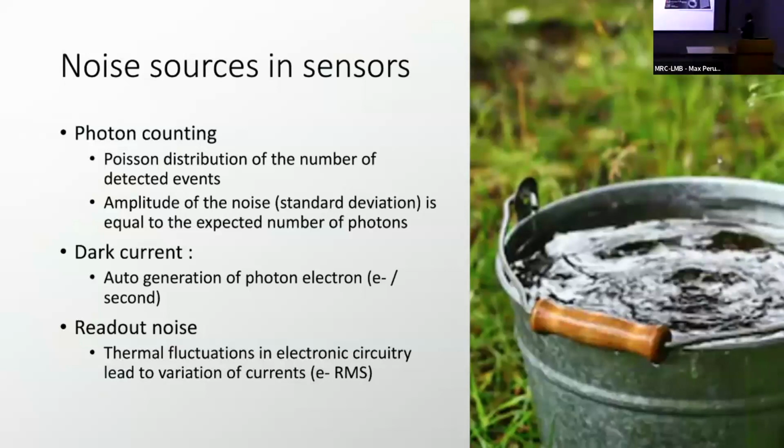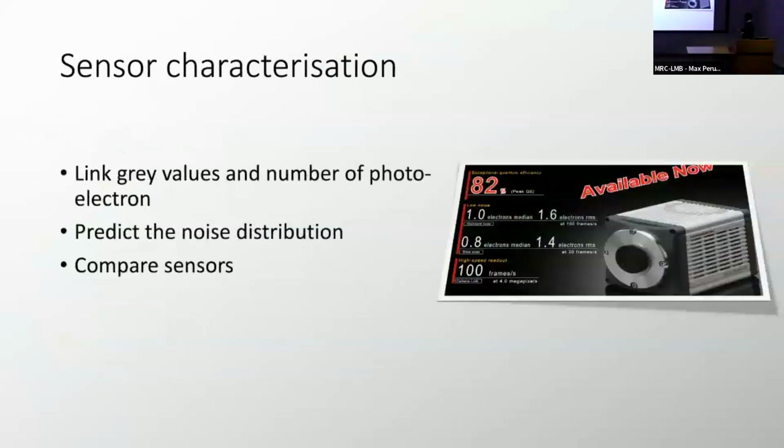So you can characterize photoelectron or camera or sensor, linking the gray value to the number of photoelectrons, so a quantification of how many photons were emitted by the sample or collected from the sample at each pixel.